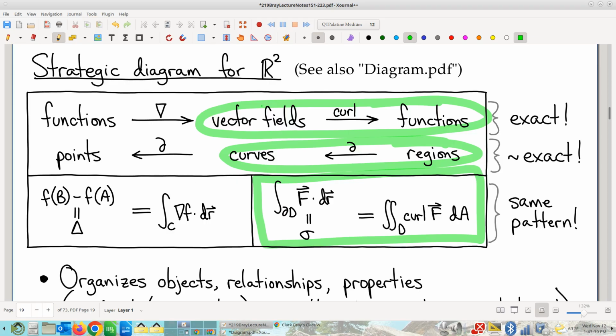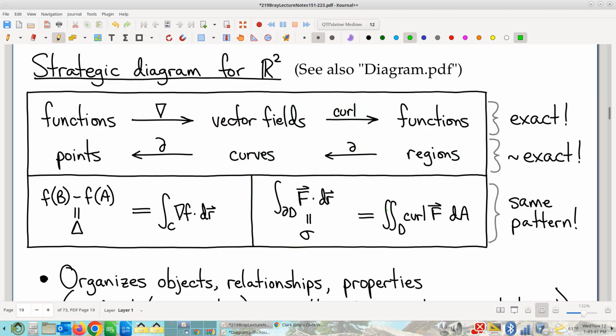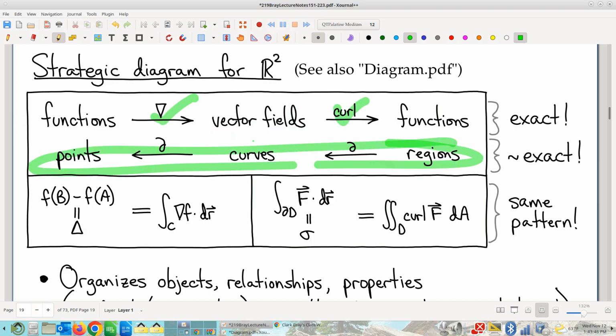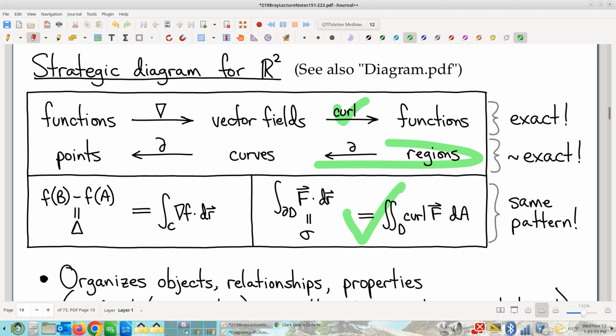So this stuff up here fits in with this down here in exactly the same way for both of these two big theorems. Now this is what I would call an eyebrow raiser. Well, I don't know exactly what that means or why this happened, but it is interesting that the pieces fit together so nicely.